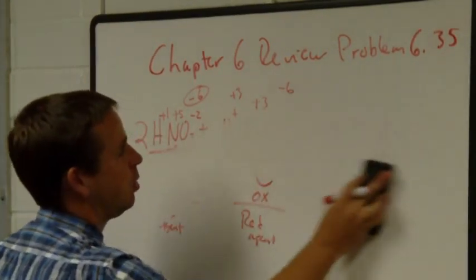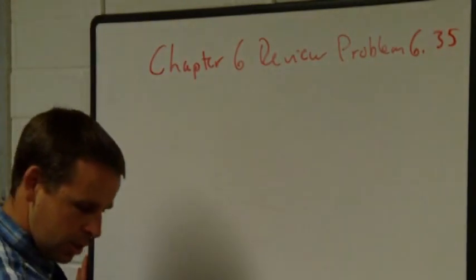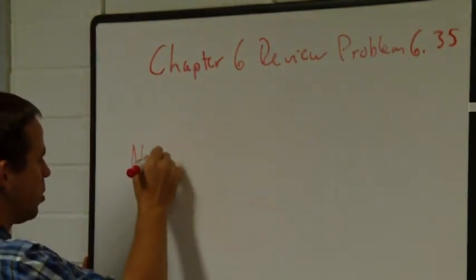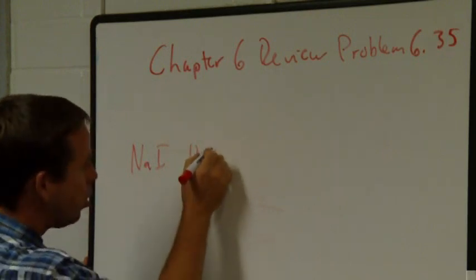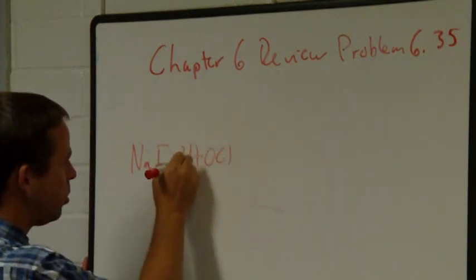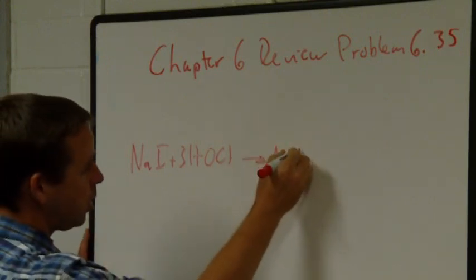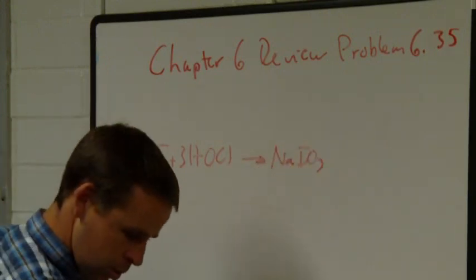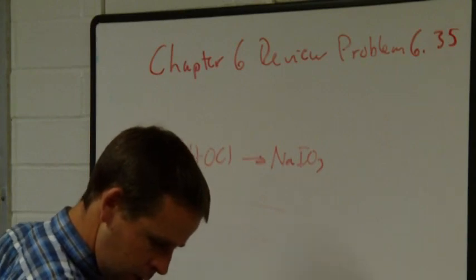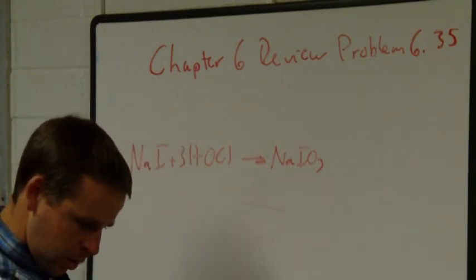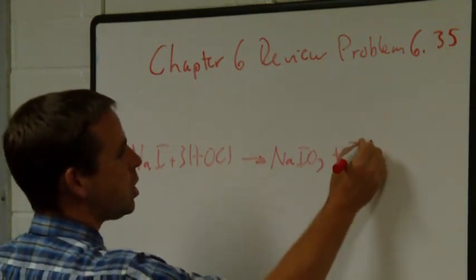Next one, 635. B, sodium iodide, HOCl, NaIO3, HCl.